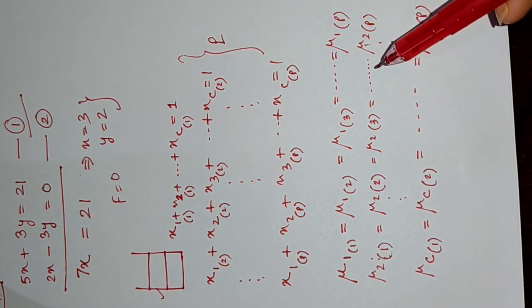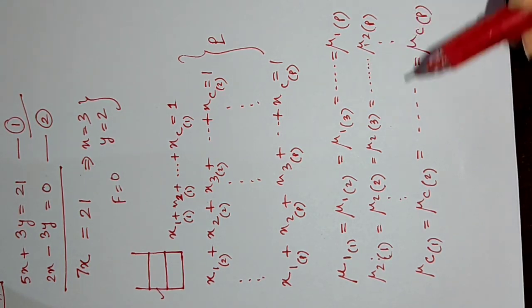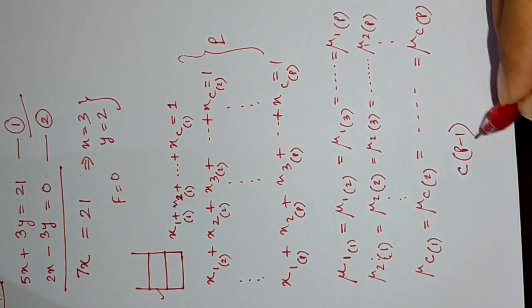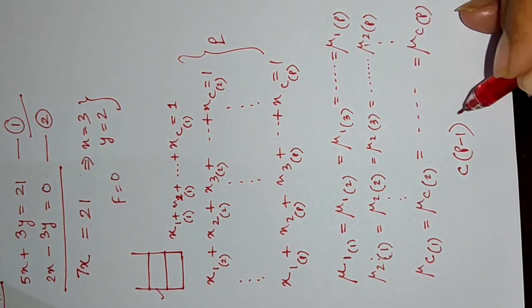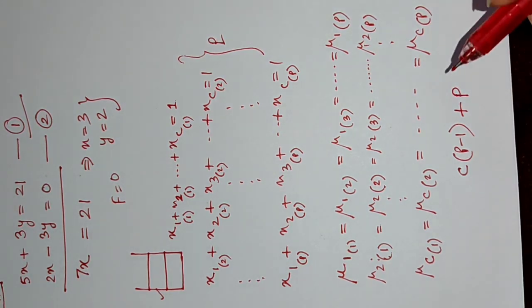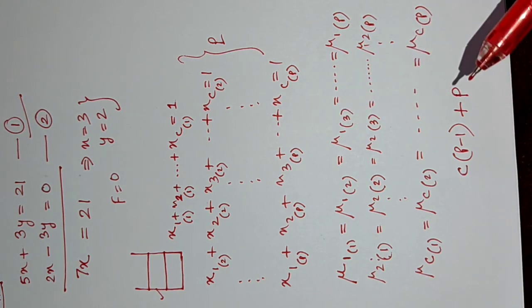This will be valid for the second one also, for this case also. So this will give us c into p minus 1 equations. So the total number of equations available is c into p minus 1 plus p: p from the mole fraction and c into p minus 1 from the chemical potential.